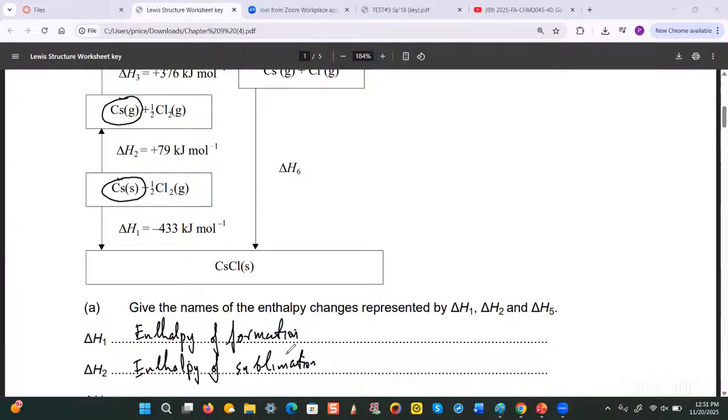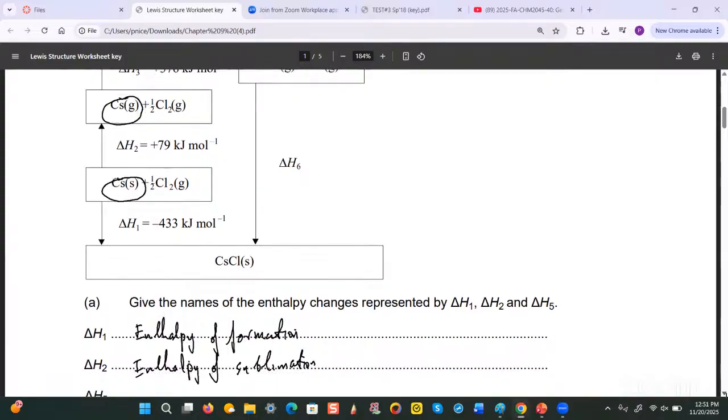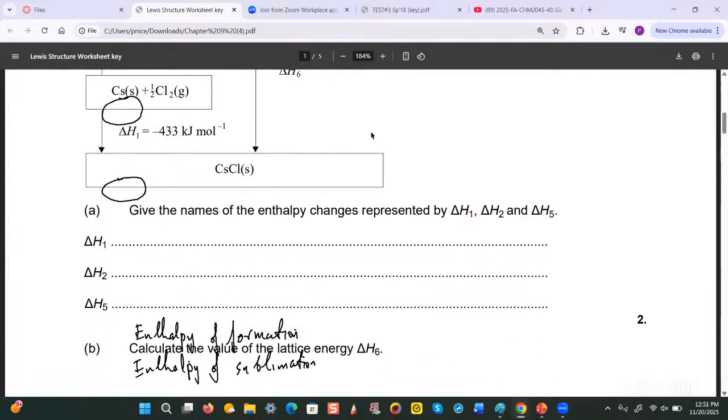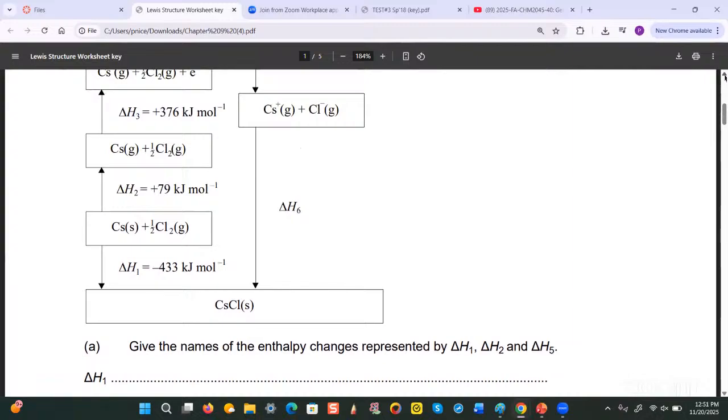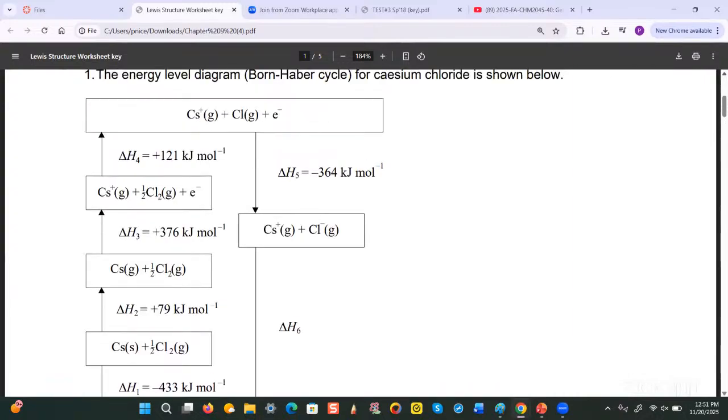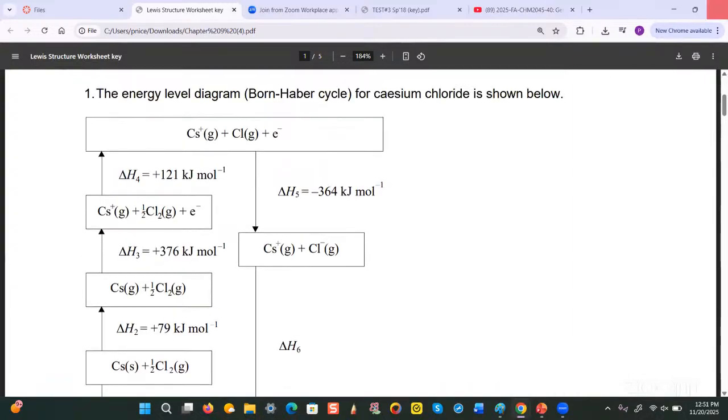And then, scroll down here. Okay, delta H5. Great. So delta H5. Delta H5 is where you're going from the chlorine to the chloride.